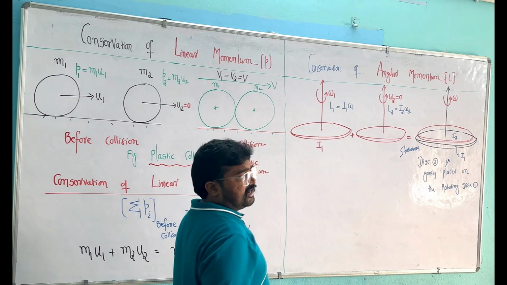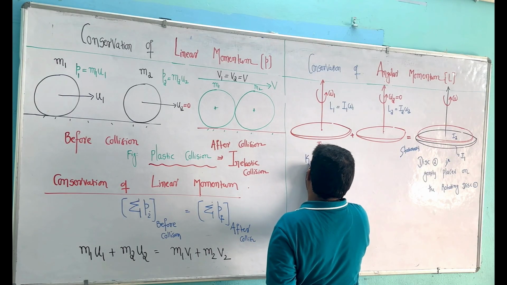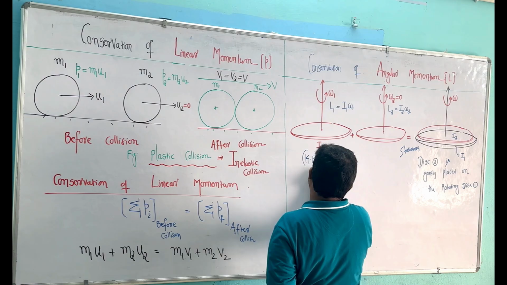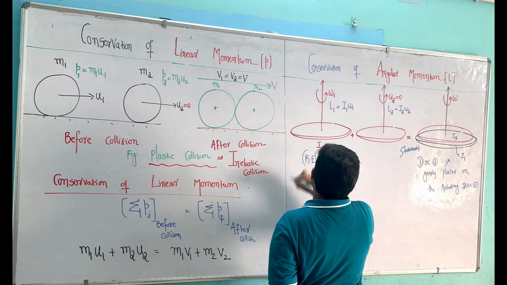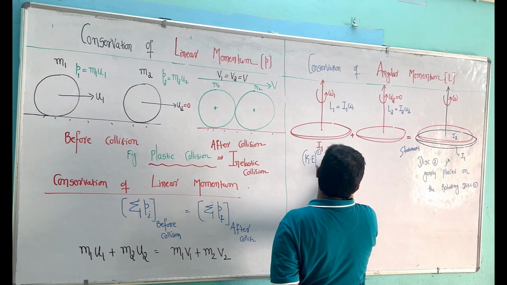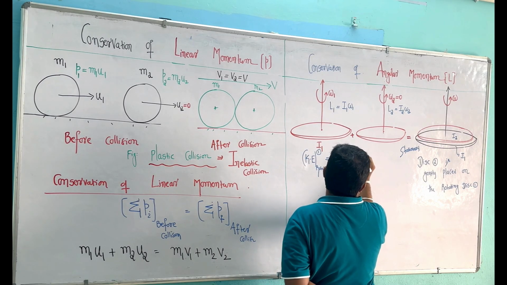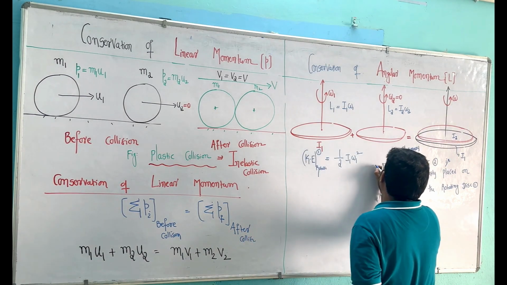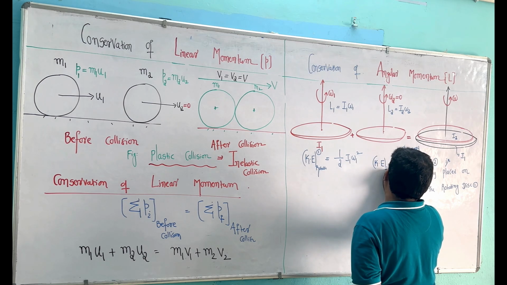What is the kinetic energy? Rotational kinetic energy of disc 1 is half I1 omega 1 square. What about kinetic energy 2? Kinetic energy 2 equal to how much?